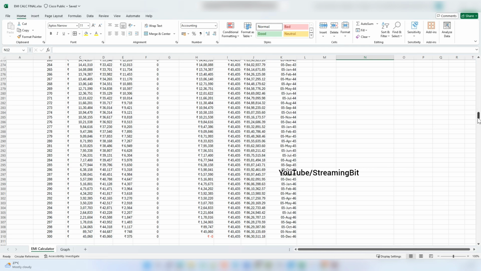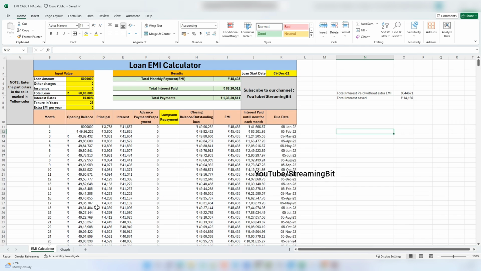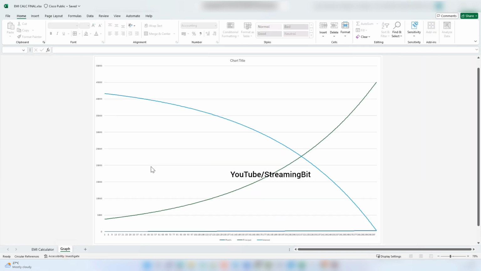So what the banks do, let me show you with the graph. The bank will charge the major portion of the interest in the first half of the loan tenure itself. You can see here, this is the principal amount and this is the interest amount. The principal amount is marked in green and the interest amount is marked in blue color.